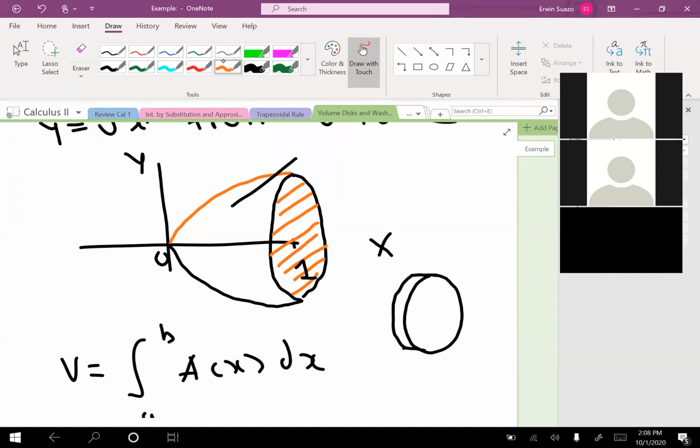This is the cut, but the formula is saying we need to find this A of x. That's the area of the front face. You don't worry about the back part. You want to find the area of the face.